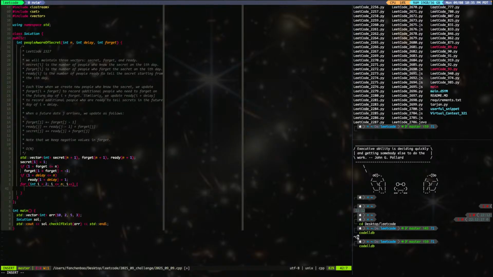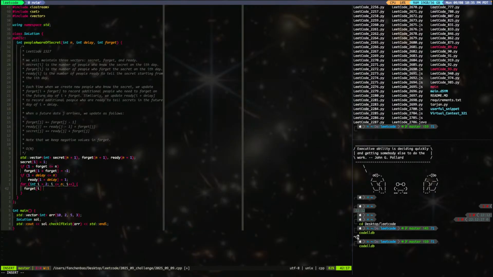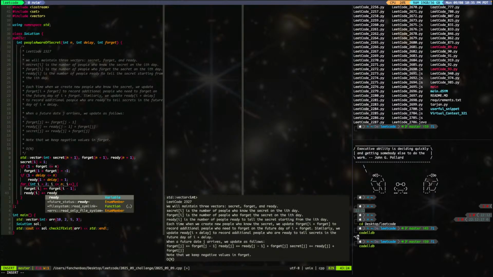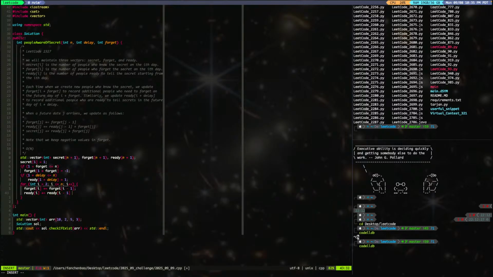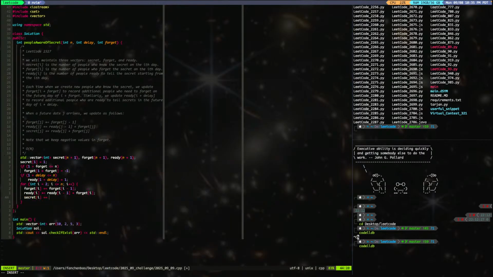Okay. All right. So first thing we do is forget I plus equal to forget I minus 1, and ready I plus equal to ready I minus 1 plus forget I, and then secret I plus equal to forget.